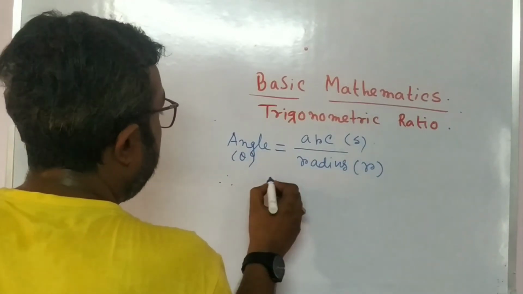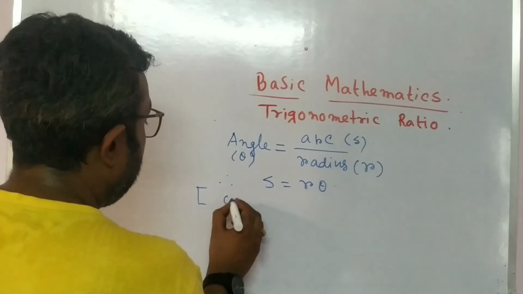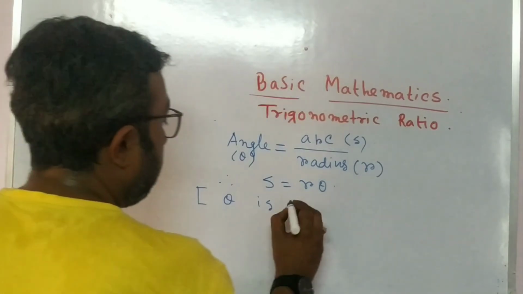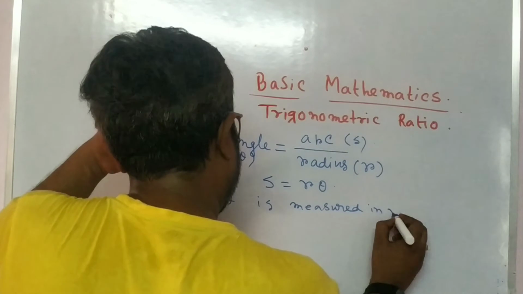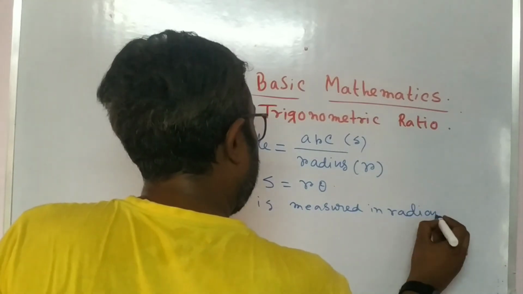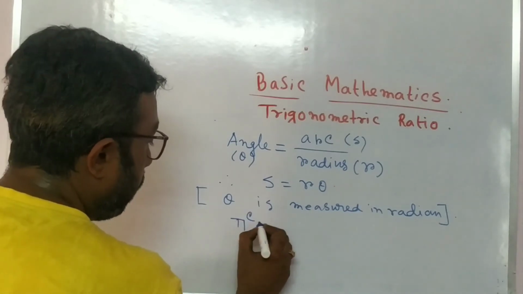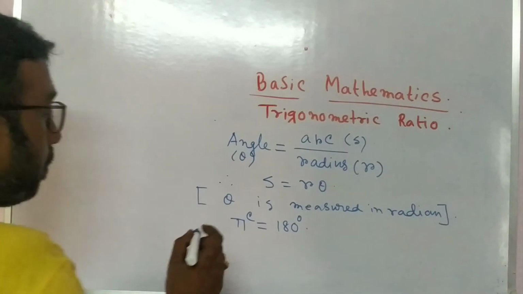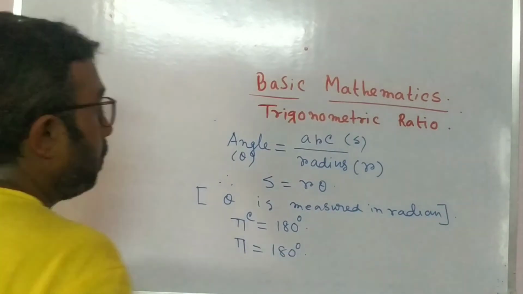So we can write S equal to R theta. Here theta is measured in radian. So pi radian equal to 180 degree, or we can write pi equal to 180 degree.